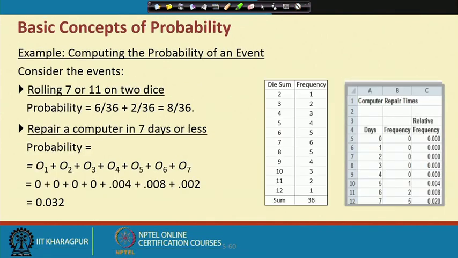Okay, now let us move to further understanding. We will see how the value of probability will be positive, and whether the sum will be exactly equal to 1, by connecting with a particular example.